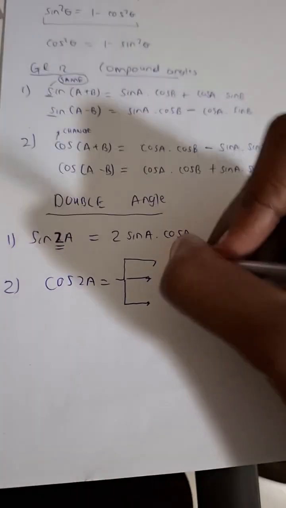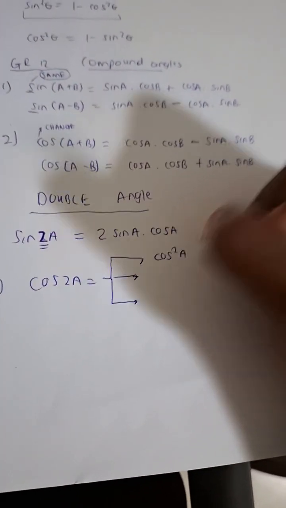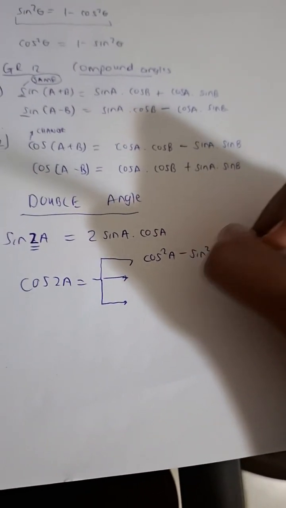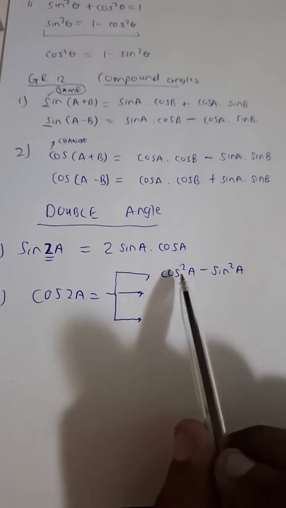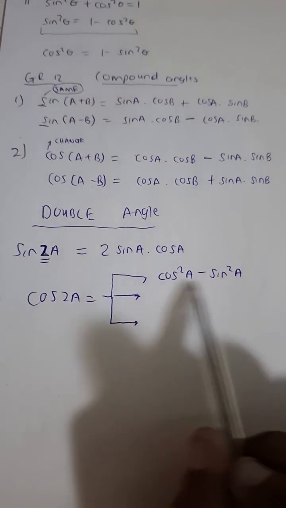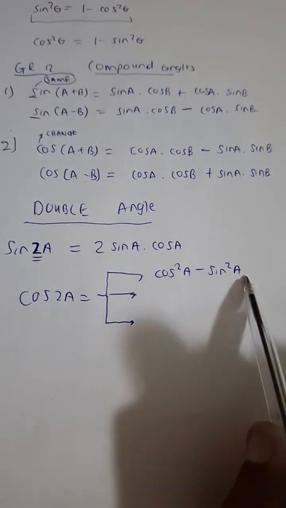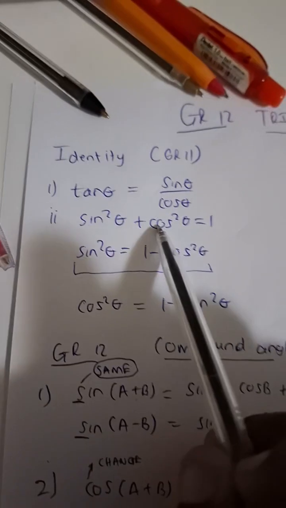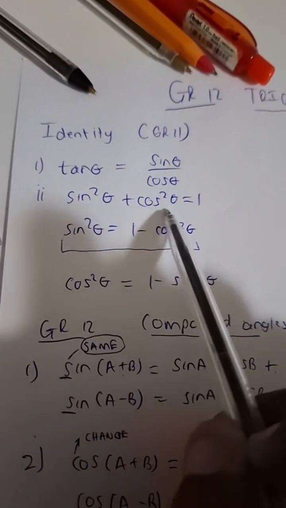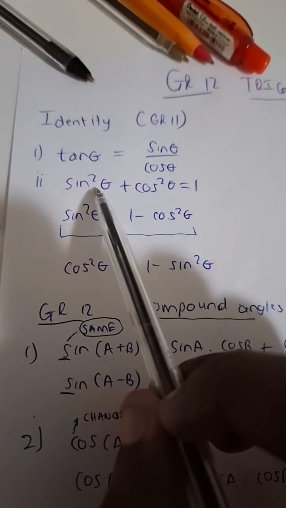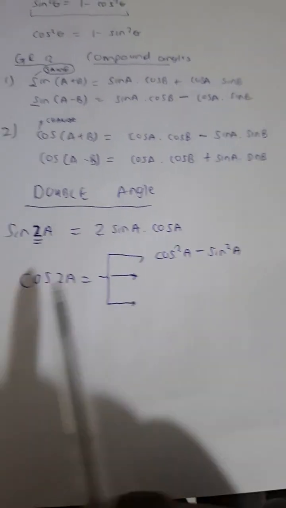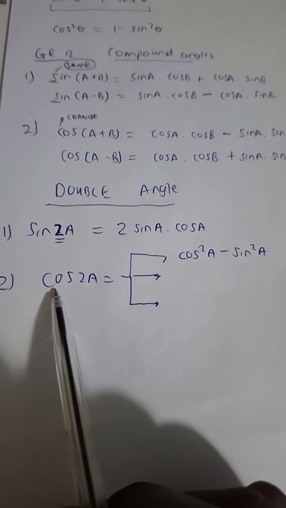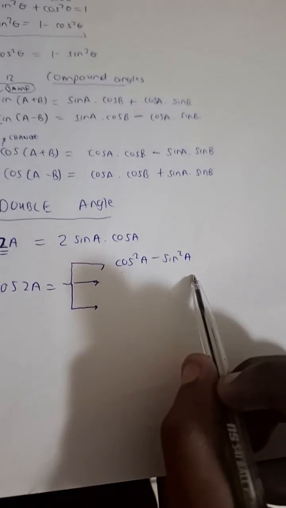The first way is cos squared A minus sine squared A. Do not confuse this with that. That is the addition of the squares, sine squared theta plus cos squared theta, which gives you 1. Whereas this here is cos squared A minus sine squared A, and it is equal to cos 2A, the double angle of cos. That's one way of expressing it.